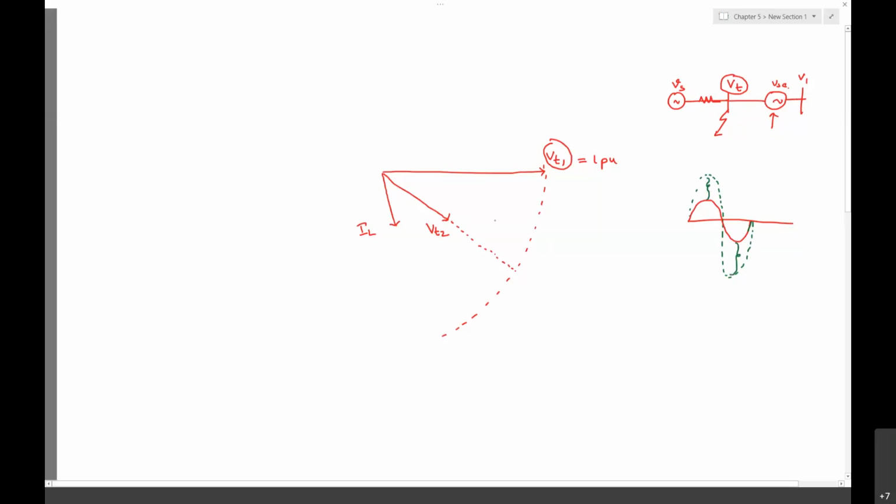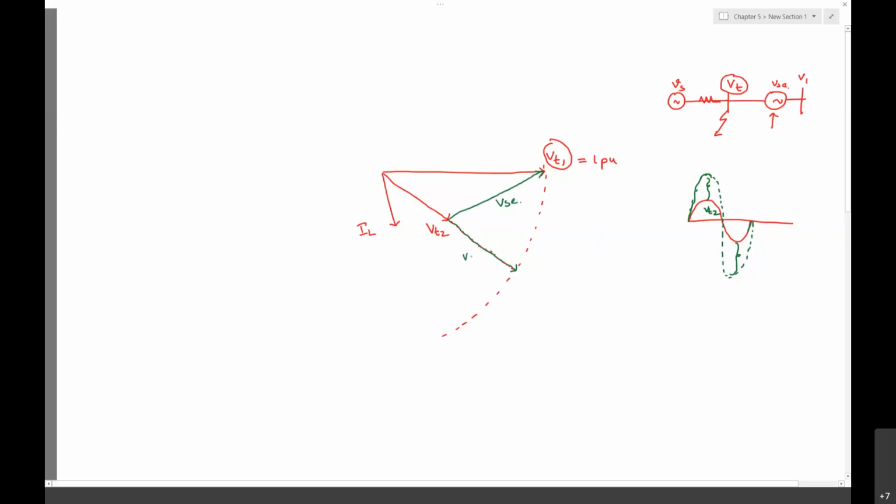We can make out this particular value. Obviously we can inject the voltage in phase with respect to this VT2 voltage, meaning the voltage injection by the series active power filter is this. But you can attain the 1 per unit by injecting this also. This is the VSC series injection.